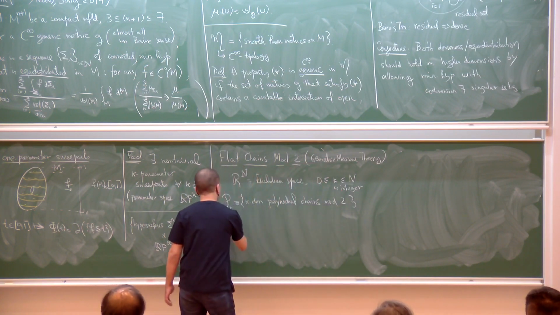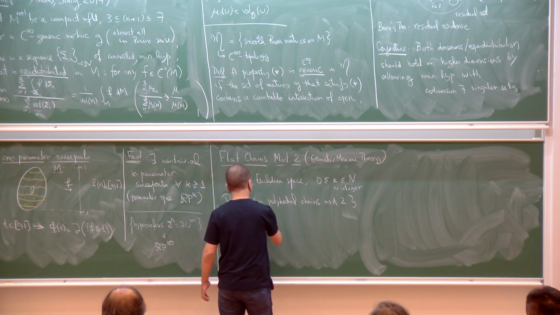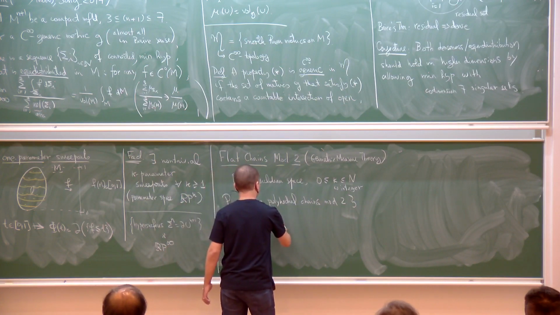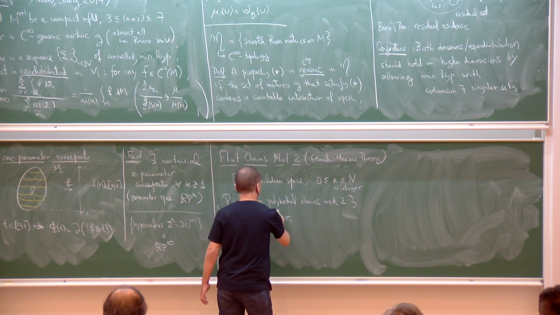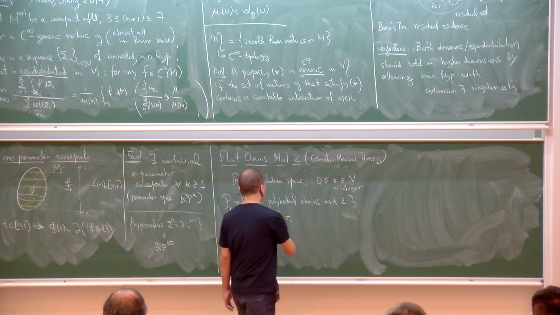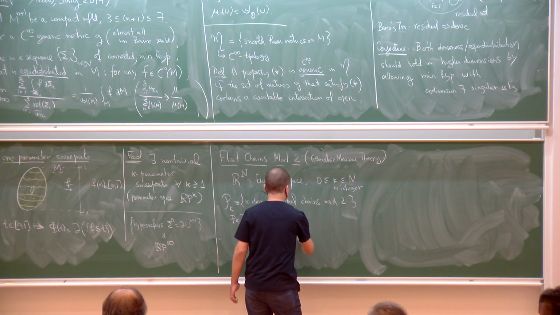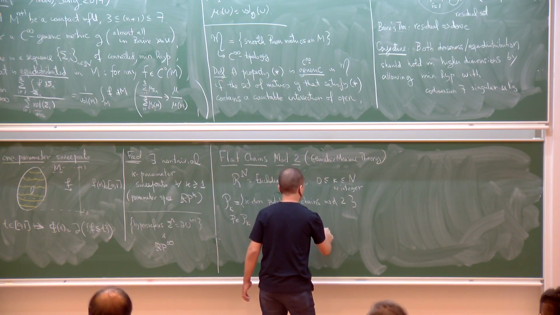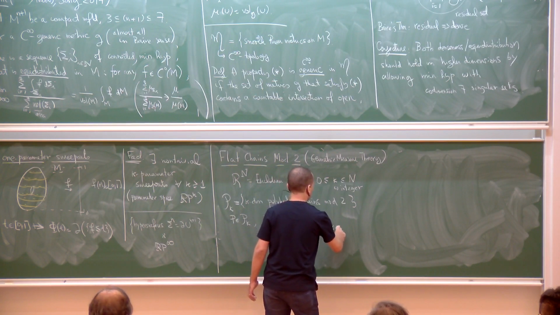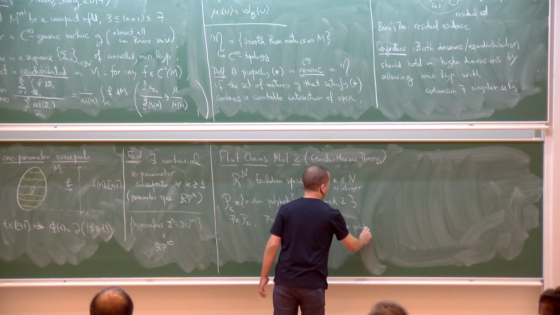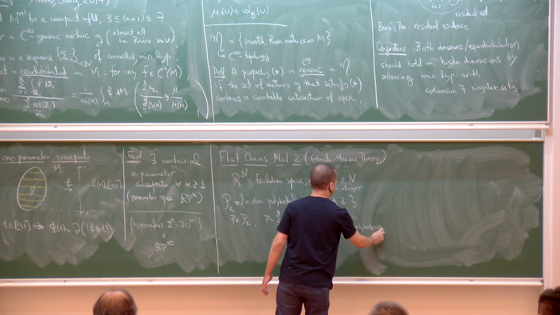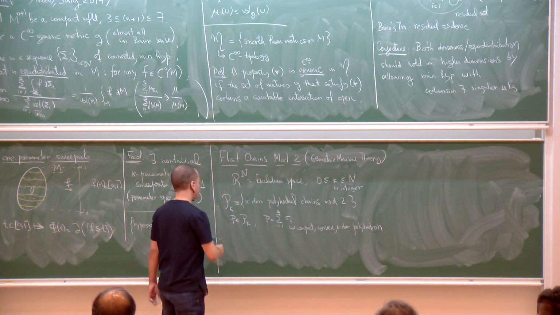An element P in P_k is given by a finite sum of polyhedra, say sigma_i, where each sigma_i is a compact convex k-dimensional polyhedron. There is an equivalence relation.